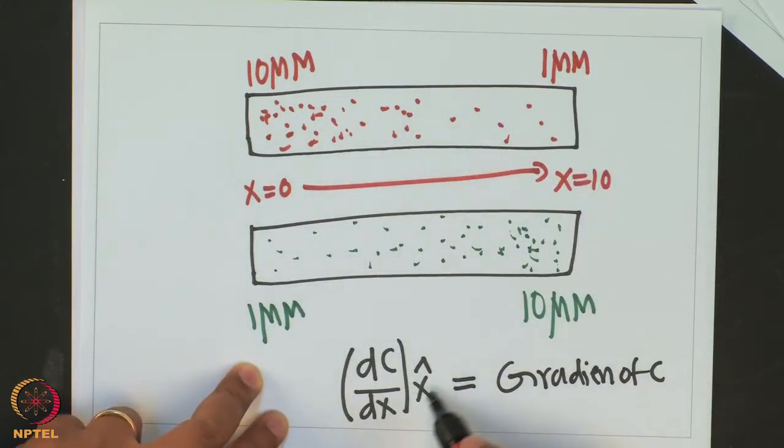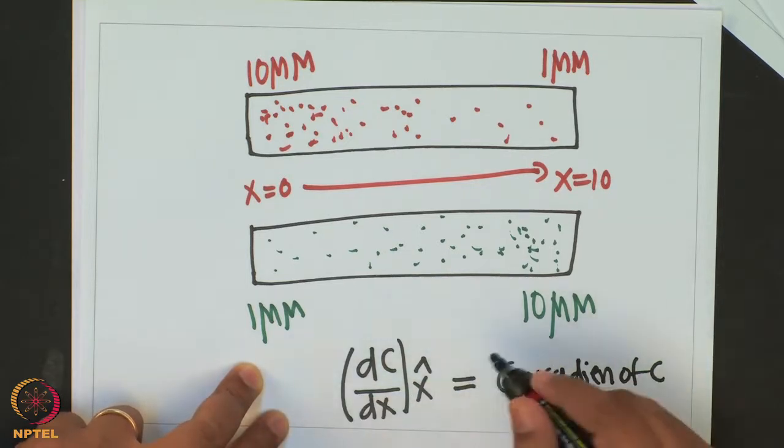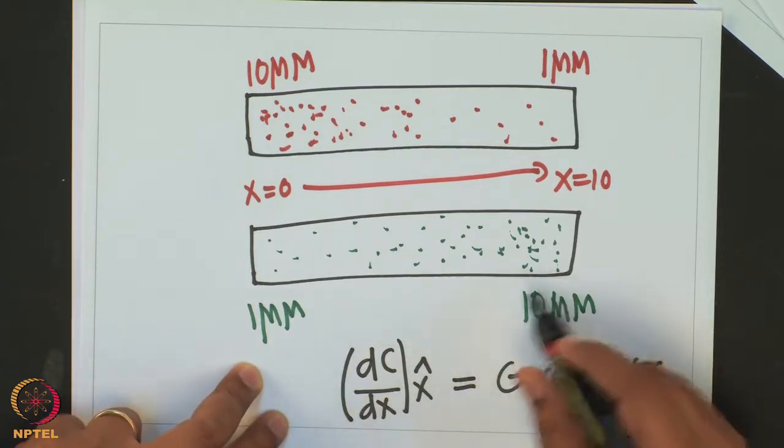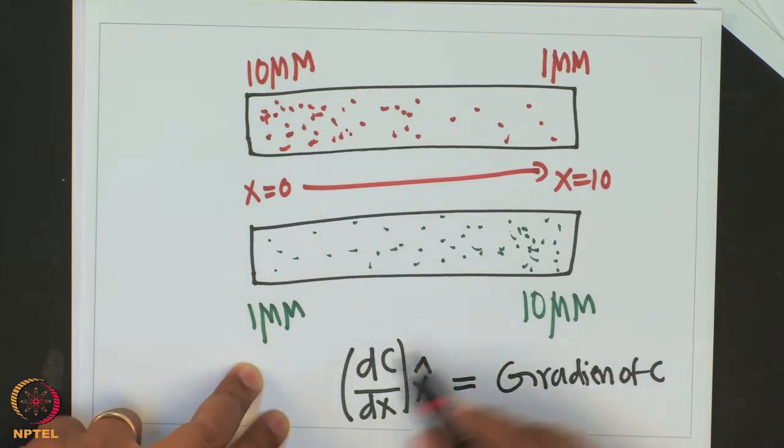Therefore del c by del x x cap would mean the gradient of c, with direction along x cap, and it could be minus x cap or plus x cap depending on the sign. If I put a negative sign, it would have the opposite direction. So to represent that it is changing along the x axis, I would use dc by dx x cap, and therefore this gradient is like a vector.